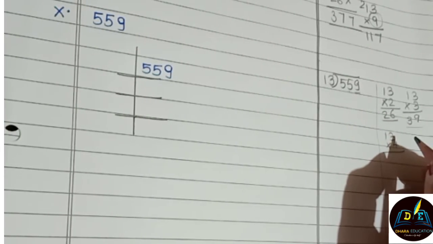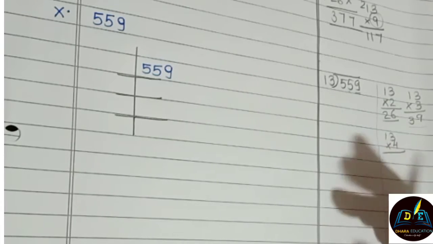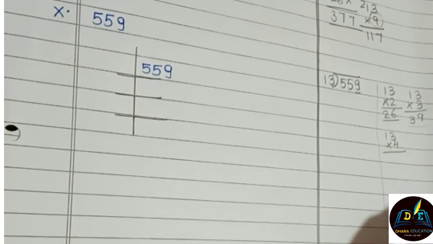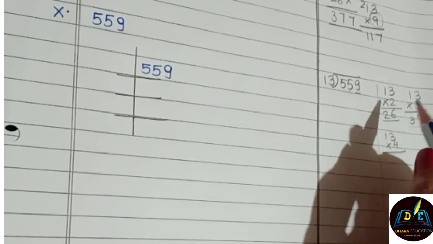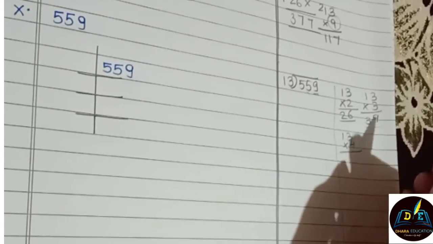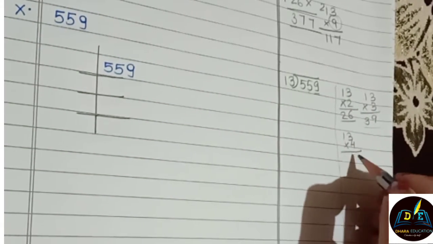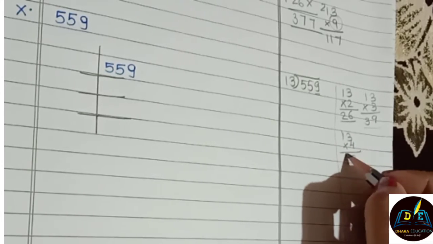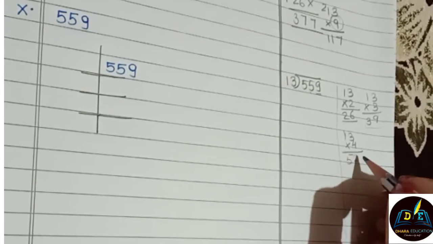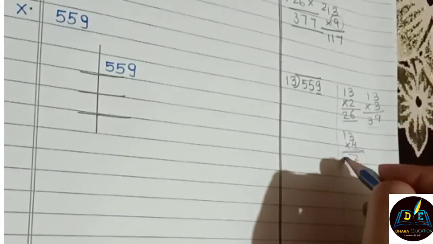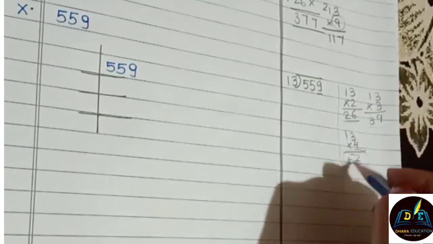If you are not so good in tables, for those students who are not regular with the tables, for that reason I am showing here the way of calculating. That is 4 3s are 12, 1 carried, 52. So here we can take 4 because it is very close.